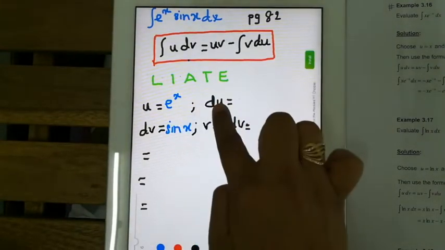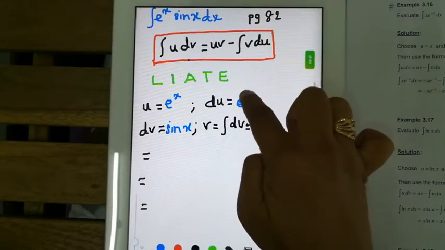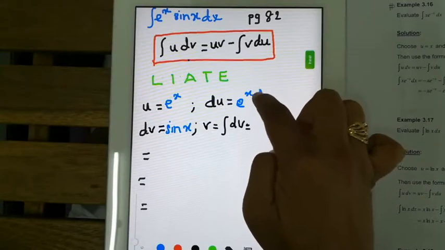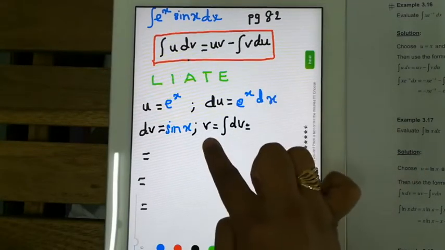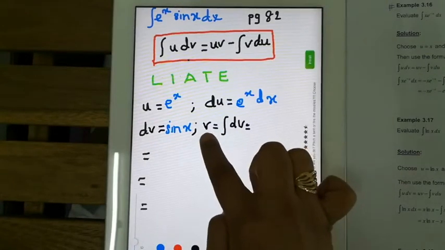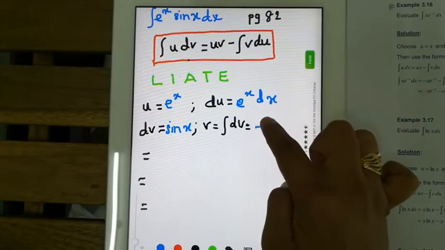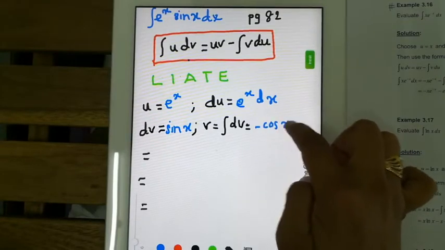Next, you differentiate u, du will become e^x dx, whereas dv we integrate, so you get v, which will become negative cos x.